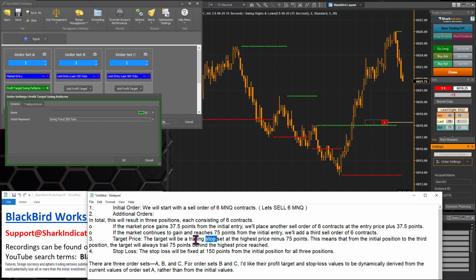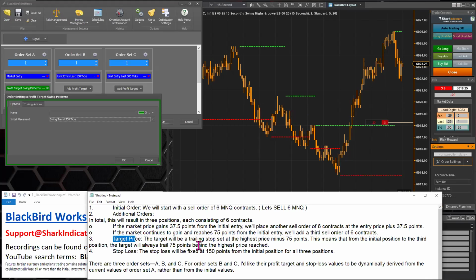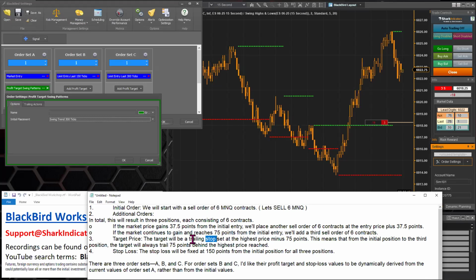As far as I know, there's no way to place a target as a stop. Blackbird only places limit orders for targets there. So if you have a broker that somehow allows you to use a stop, I would be curious as to how that broker is doing that. But in any case, that's another topic later on here.